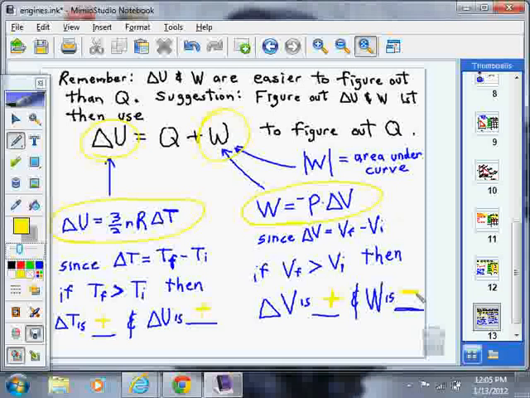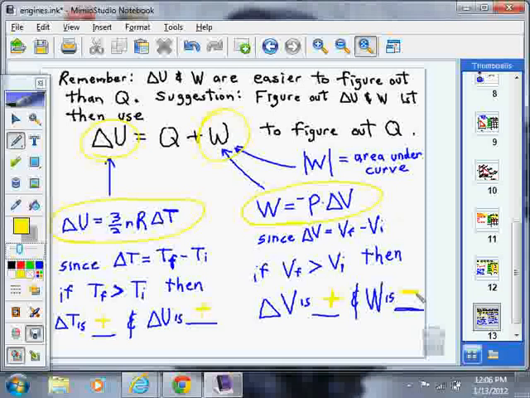Hold your horses. Let me make my final statement here. Two more statements. Okay. Number one. Q is hard to solve for.